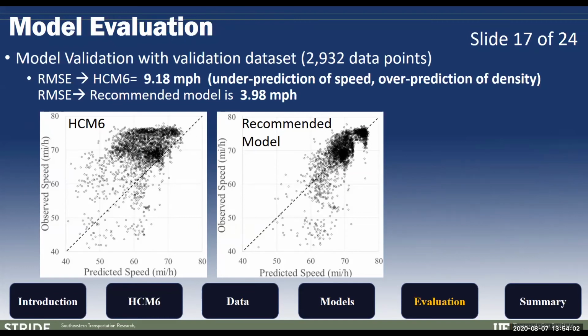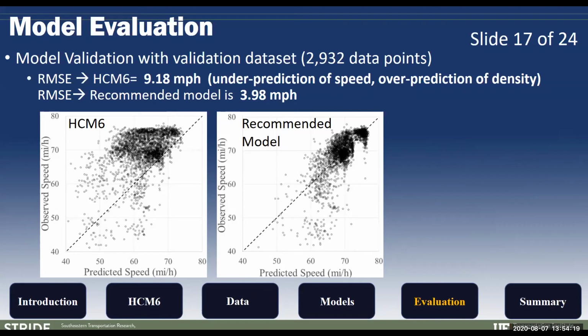You could see here the blob on the left is all above the 45-degree line, while the model that we have, more or less at least within the 60 to 75 miles per hour, is pretty much on both sides of the 45-degree line.